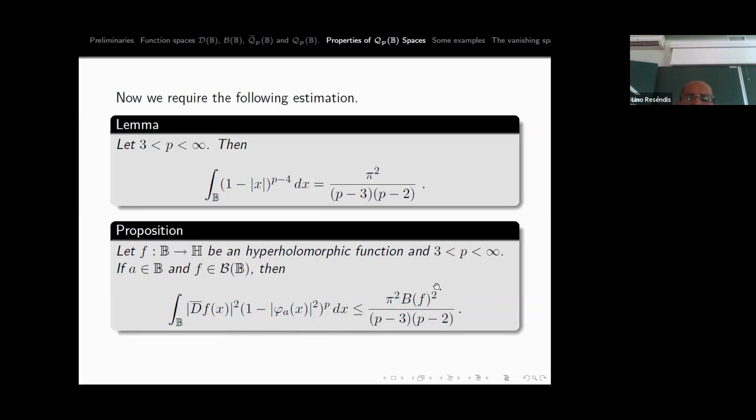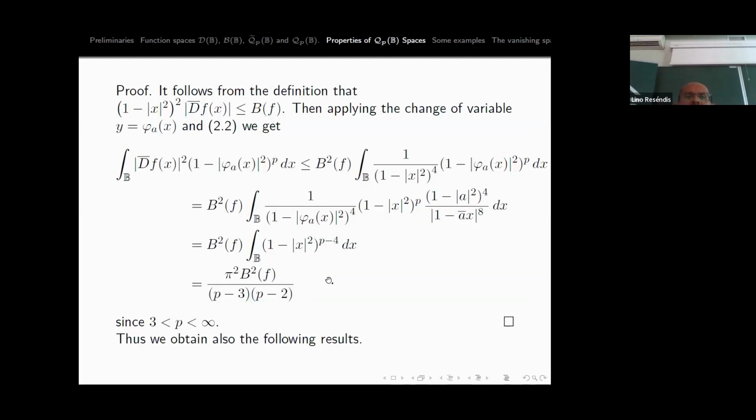Okay, then we have here that it is finite, then this is finite. Okay, the estimation is very easy because we are supposing the Bloch condition. We have this estimation because now the hypothesis is that F belongs to the Bloch space.